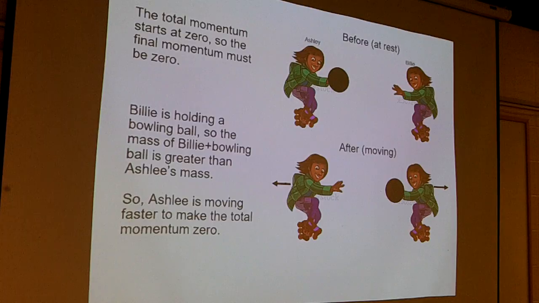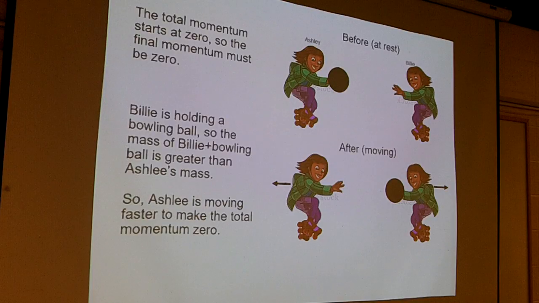Now her mass is just M_A, and V_A is her velocity. Billy's velocity equals a negative. Now watch carefully. Her mass is the same as her sister's, so that's the exact same M_A. But she has to add one more thing. There's a ball added. Did you see it? She has a ball there, and then M_B.